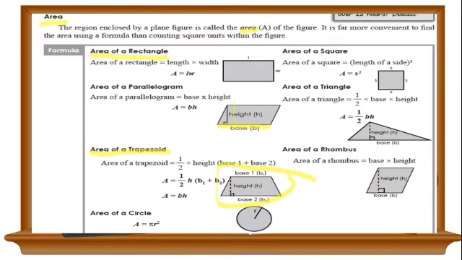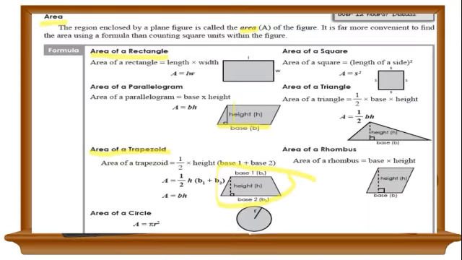Look at the figure here. Why 1/2? You multiply the height by 1/2 and then the sum of base 1 and base 2. So, to get the area, we have the formula 1/2 height times base sub 1 plus base sub 2. Okay? Did you understand the area of a trapezoid?